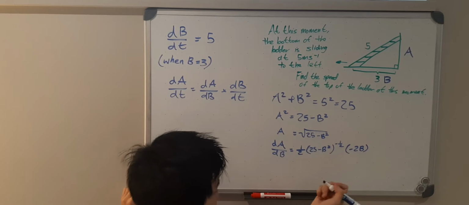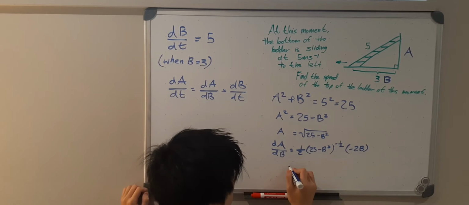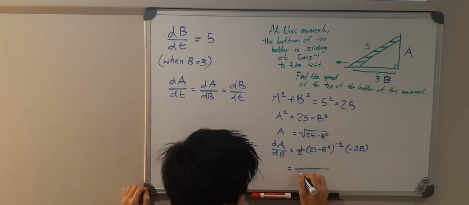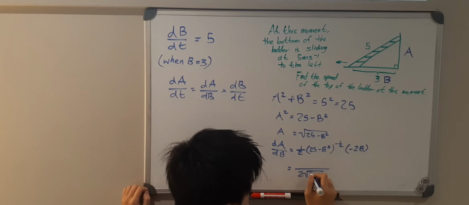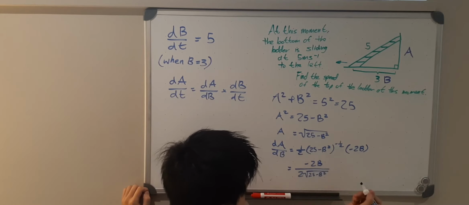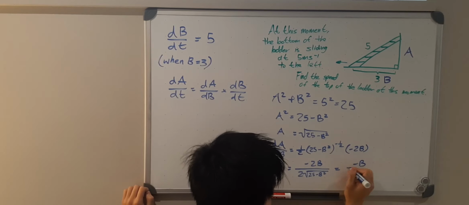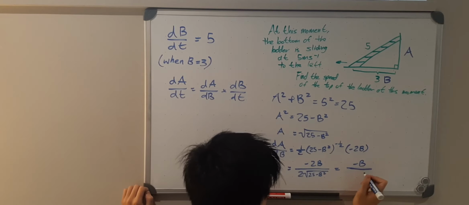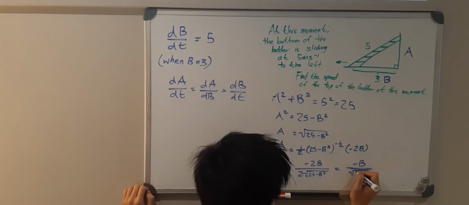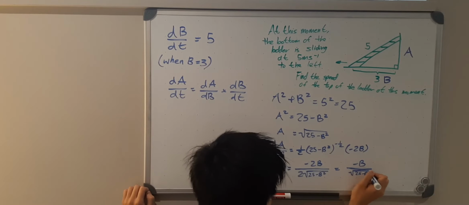There we go. We can simplify this a little bit. On the bottom we would have 2 square root of 25 minus b squared, on the top we would have minus 2b. Okay, and the 2's cancel out, so it's minus b over the square root of 25 minus b squared.